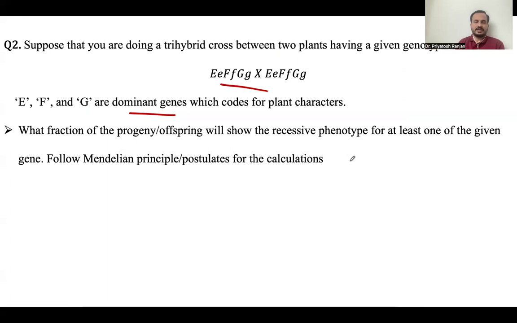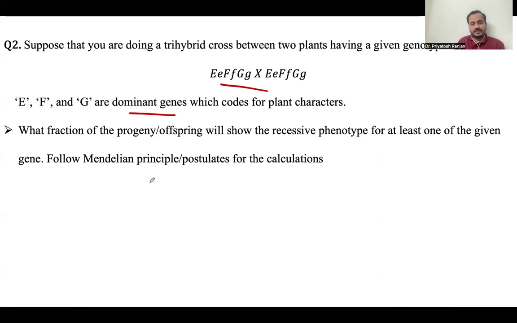Later on I will show you the second one where you can take your time and you will get the same answer. So what fraction of the offspring will show the recessive phenotype for at least one of the given genes? It could be even three, it could be more than one, but at least it should be one.